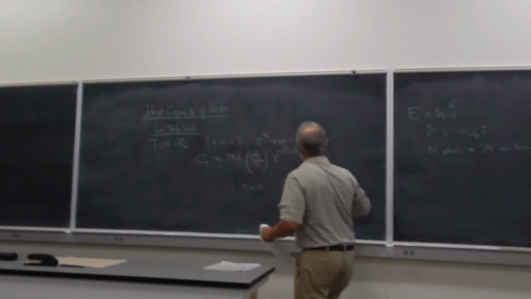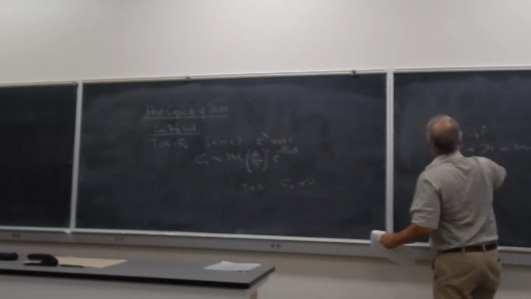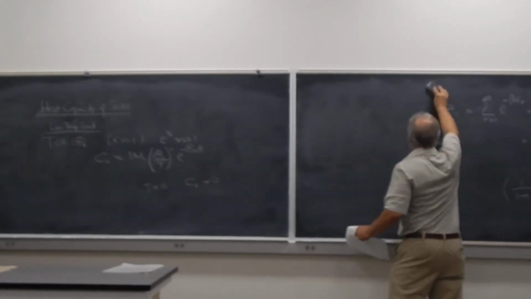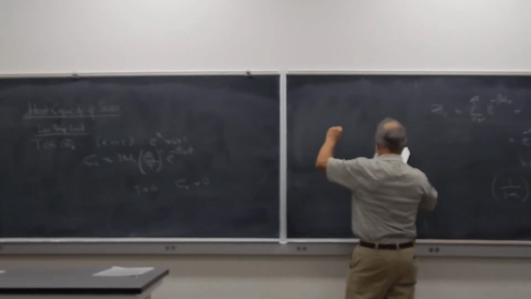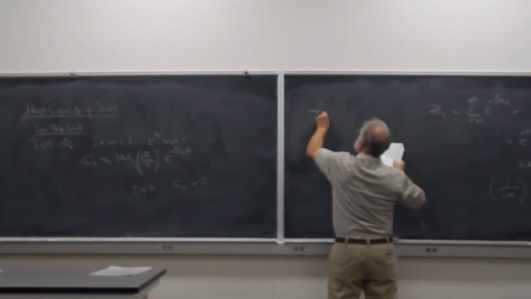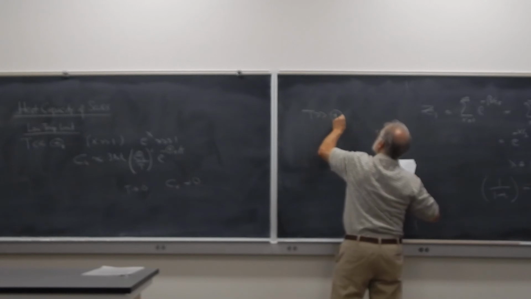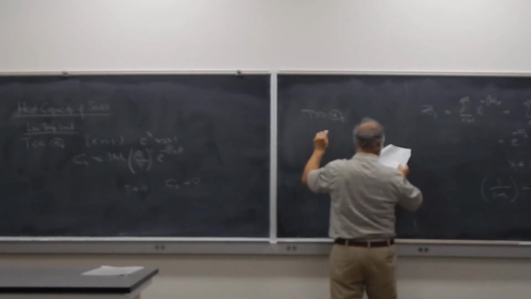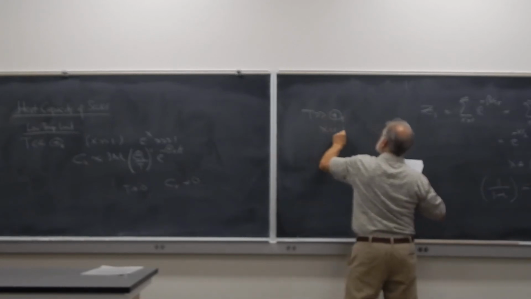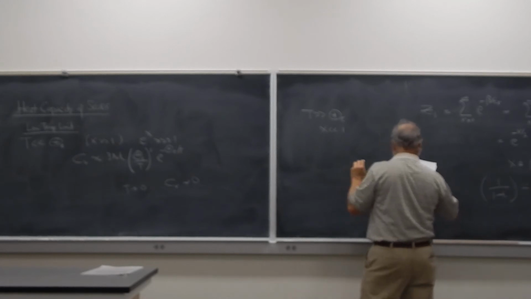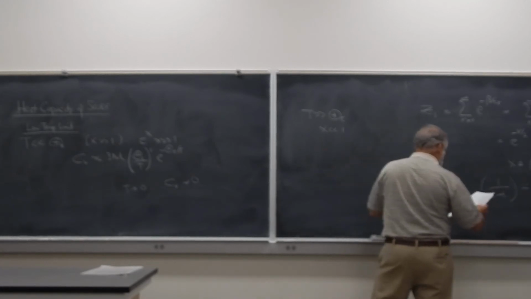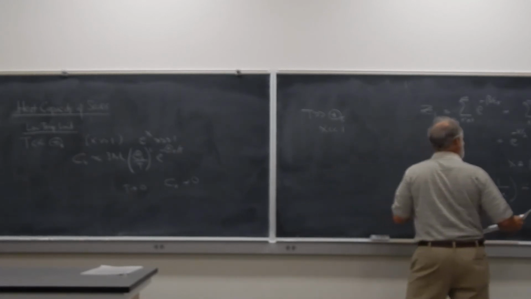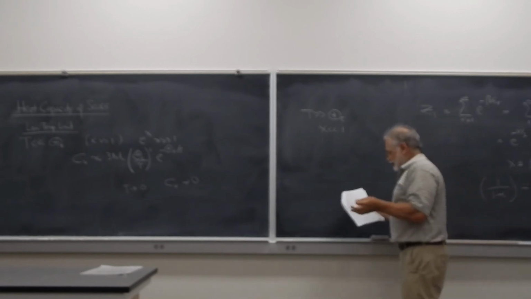The better news is that in the high temperature limit, where T is much, much greater than the Einstein temperature, or x is much, much less than 1, we recover the law of Dulong and Petit.